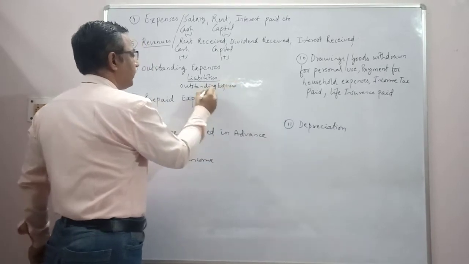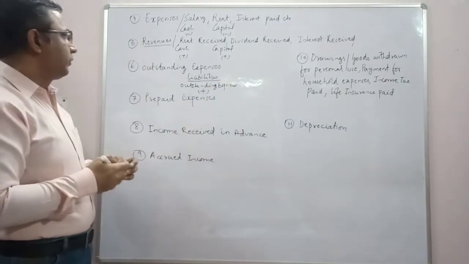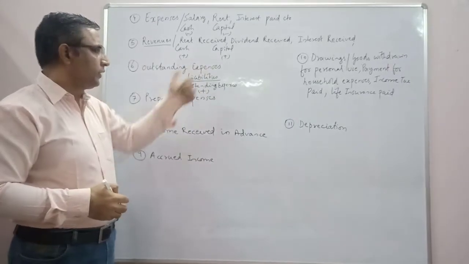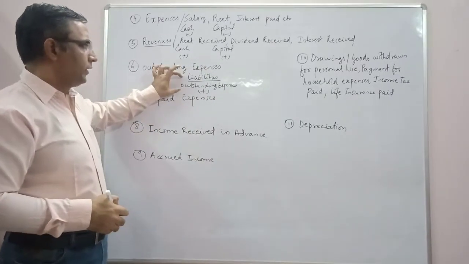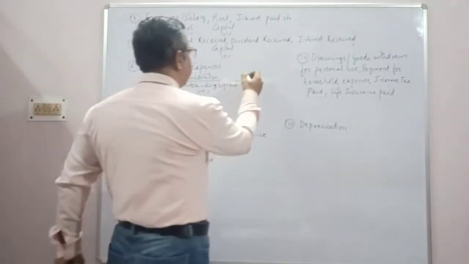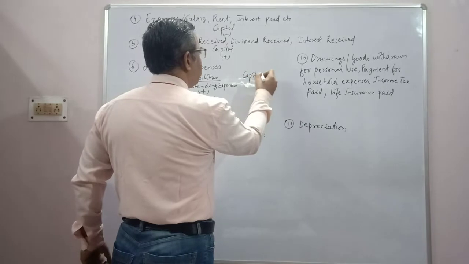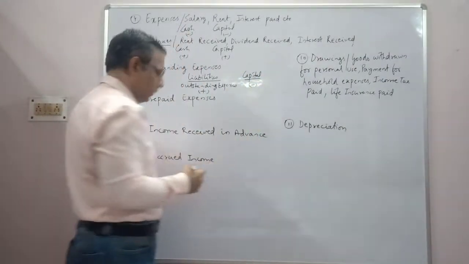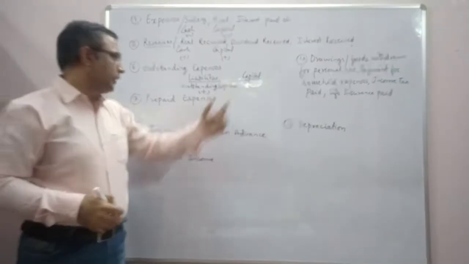It is going to increase, because we haven't paid yet, we have to pay it in the future. So liabilities are increasing, as well as it is affecting the capital also, because it is going to increase our expenses, so capital is going to reduce. There is a reduction in the capital.